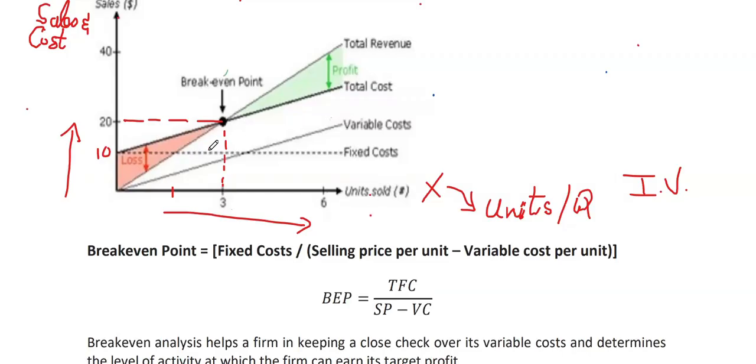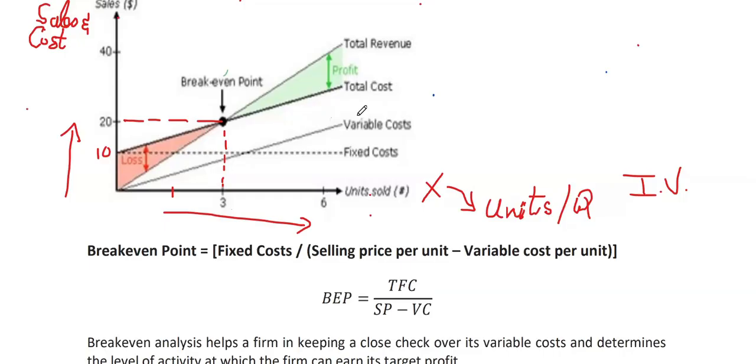What this is saying now for the variable cost is that the variable cost is sloping upwards, which means that cost is going up as we increase the level of what? Production. Yes, sir. So variable cost goes up as the level of production increases.